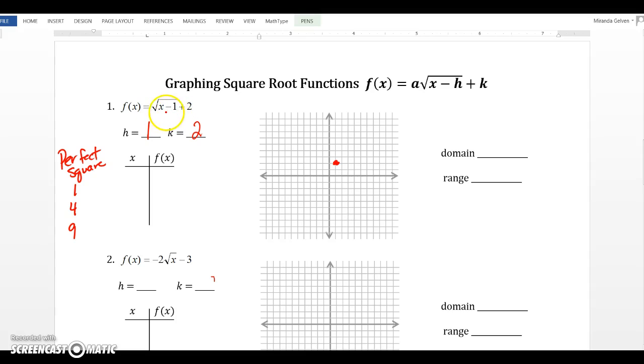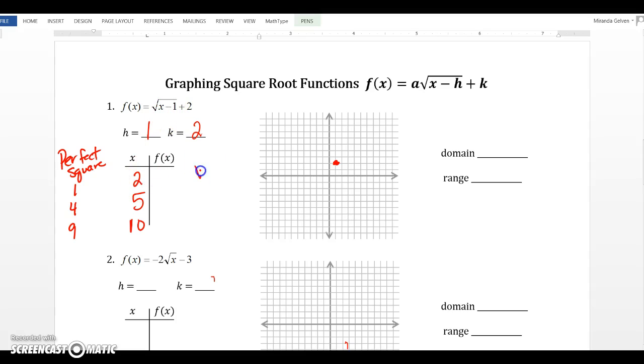Something minus 1 gives you 1. So the answer would be 2. Well, what if I wanted to be 4 under the radical? Something minus 1 gives you 4. And that would be 5. And then same thing for 9. Something minus 1 gives you 9, and that would be 10. So when I plug in those x values, I get nice clean numbers out of the radical.